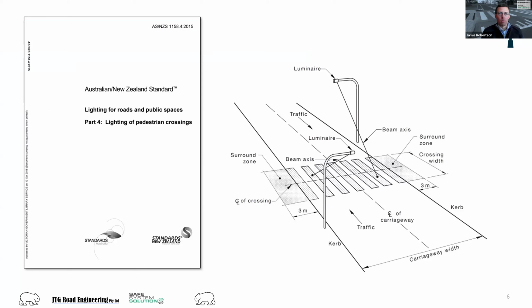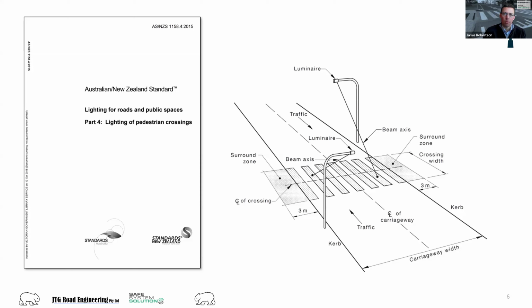This snip from 1158.4 shows a typical pedestrian crossing with supplementary lighting. Supplementary lighting is usually provided with relatively low-mounted lights angled towards the crossing that provide that vertical illumination of people on the crossing.